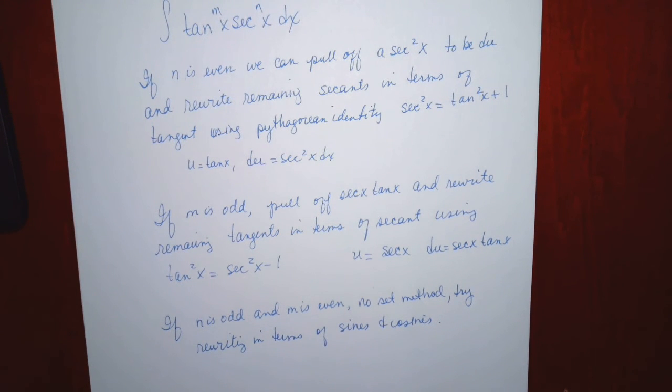Okay, so these are just guidelines. They're just suggestions and mentions of ways that you could possibly rewrite. And if they don't hold true, you just have to try something with some other trig identity. But you've got to just try something.